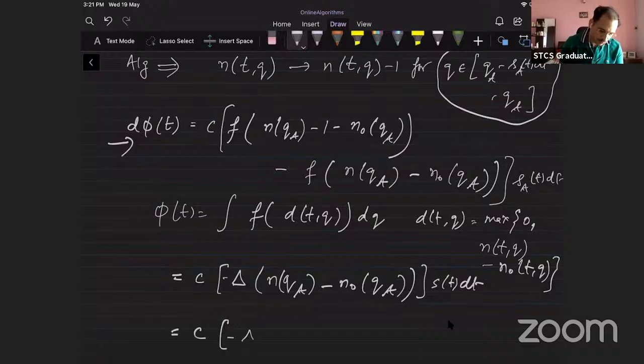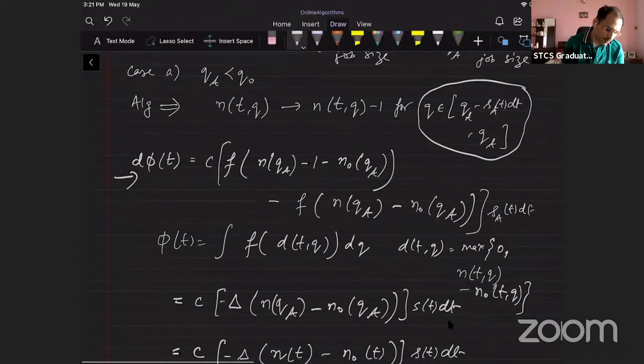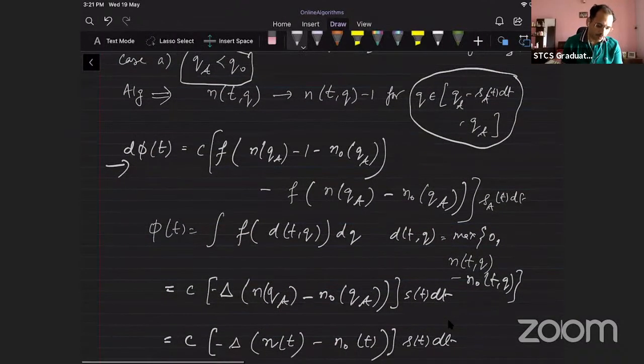So justify this for me: n of t minus n0 of t. Can somebody justify this? Remember, we are in this case, QA is less than Q0.